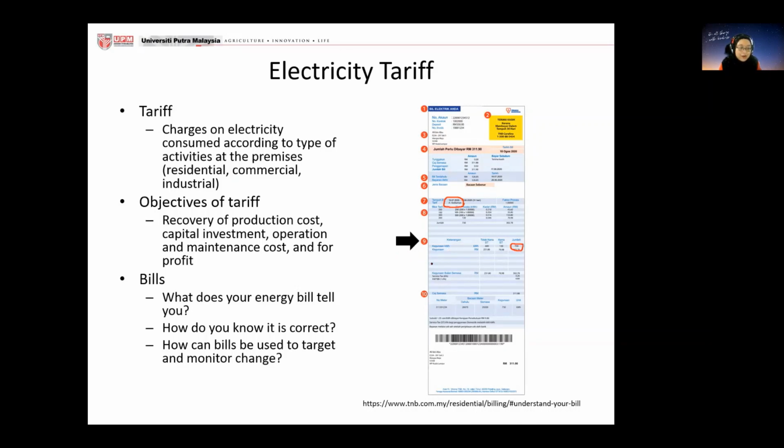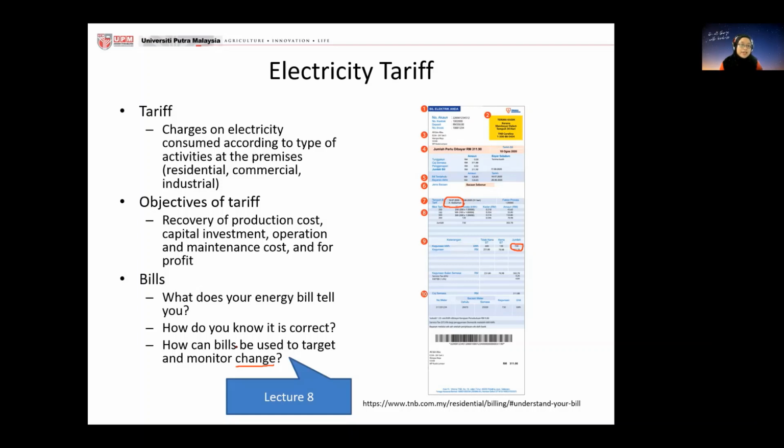Remember earlier on, we already differentiated what is a watt and what is a kWh, kilowatt hour. So that is your electrical usage for that month, or for this billing period. We will look into change in lecture 8, because that is more appropriate for that discussion.